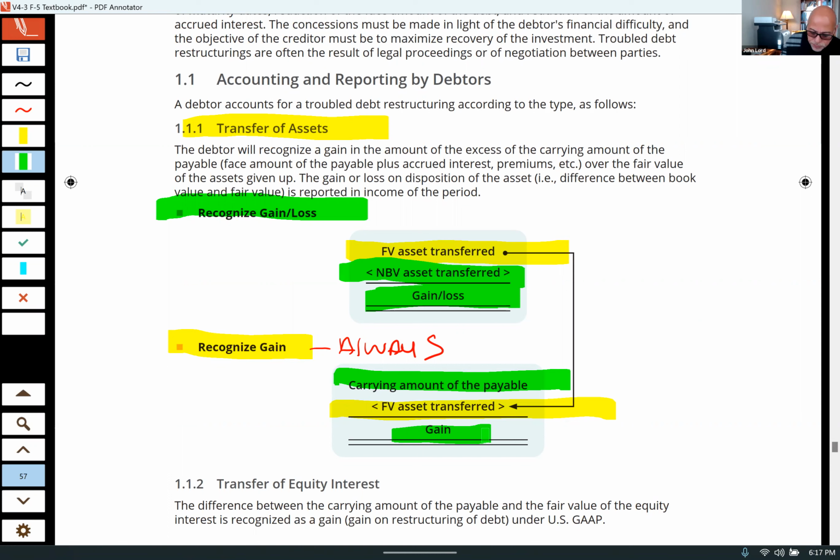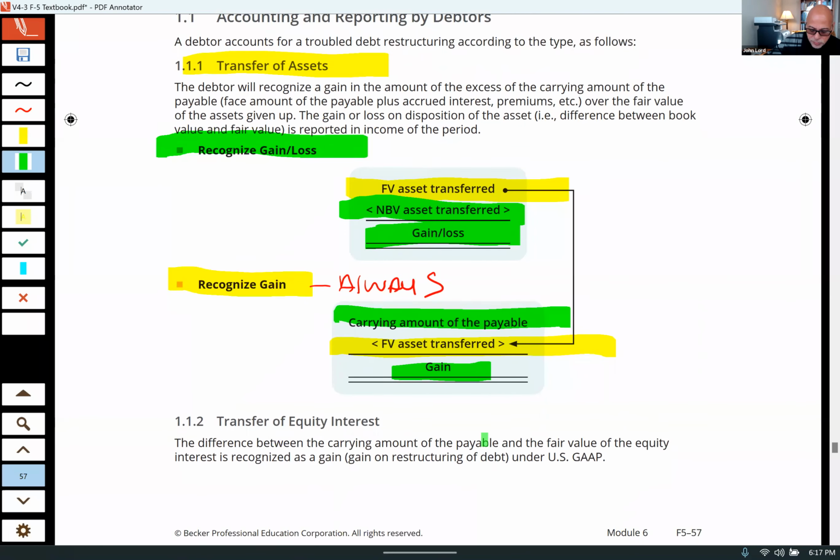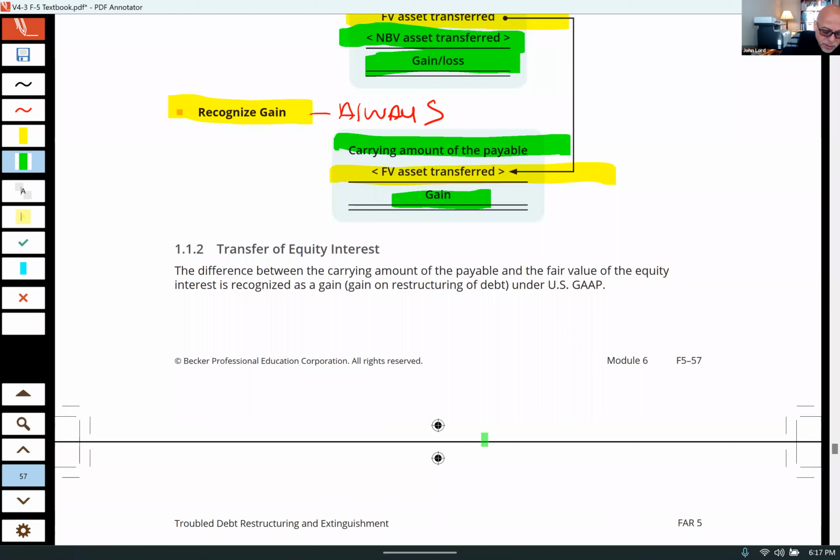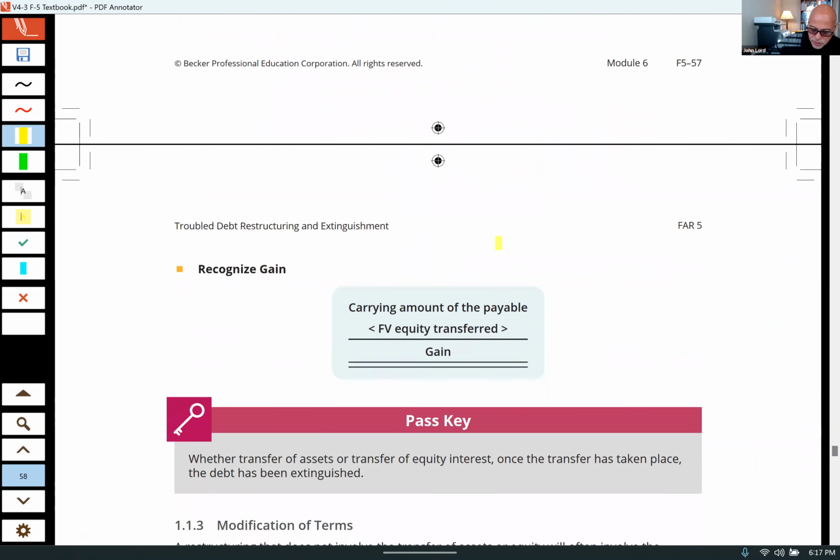Thus, you will have a gain because you're getting rid of debt by only having to transfer an asset that's worth less. Same kind of thing if we're talking about equity. If it's stock, then it's going to be the difference between the fair value of the equity and the carrying amount, and that will always be a gain, because again, if I could sell my stock for more than whatever the carrying value of the debt is, I'd sell the stock into cash and pay off the debt.